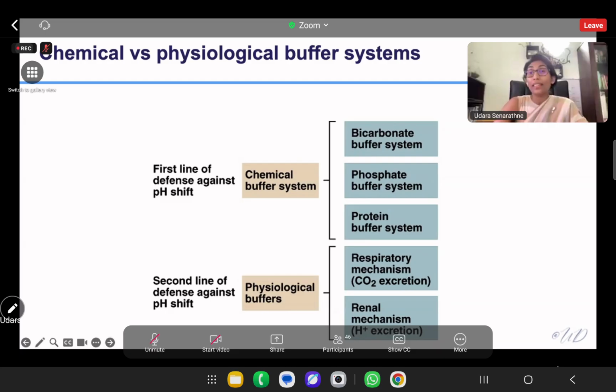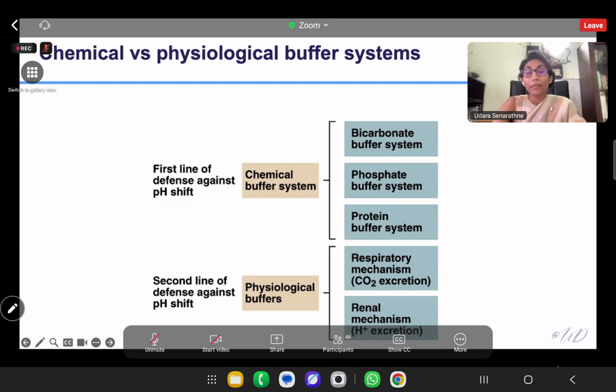You can slow down the respiration so that you will keep some carbon dioxide. But you can't keep all the carbon dioxide in, so there is a limit. But you can keep some carbon dioxide in by slowing the respiratory rate down if there is alkalosis going on in the body.